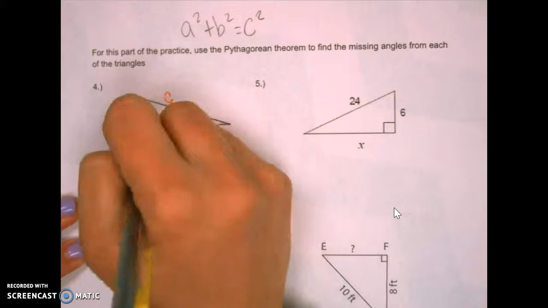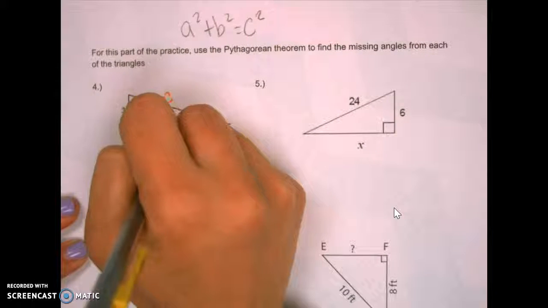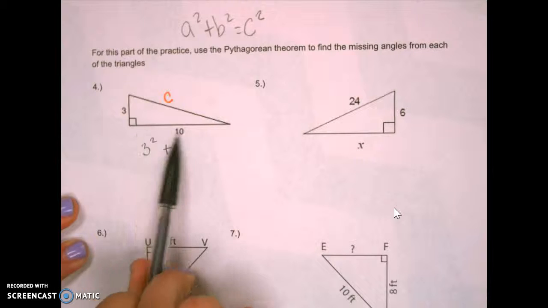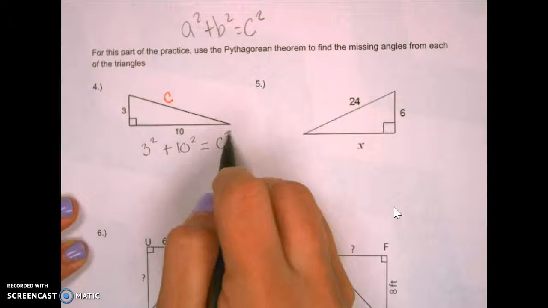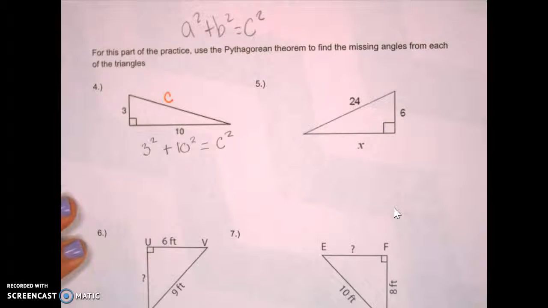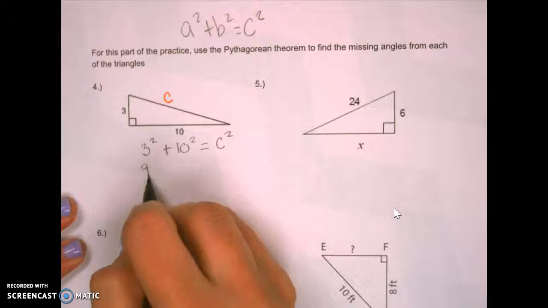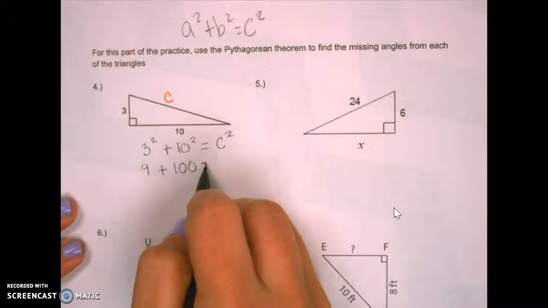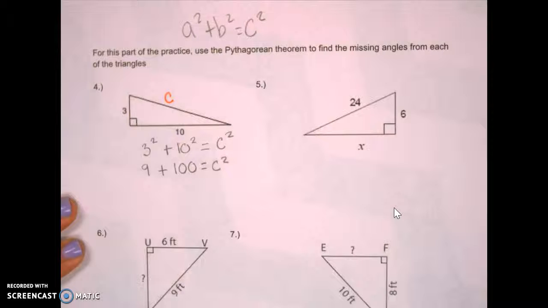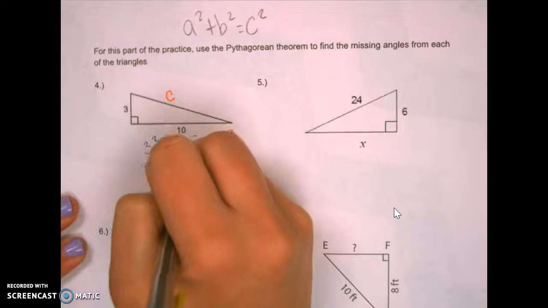So I know that my A is 3 squared plus my other leg, which is 10 squared, equals my C squared. So I don't know what C is. 3 squared is 9, and 10 squared is 100. 100 plus 9 is going to be 109.